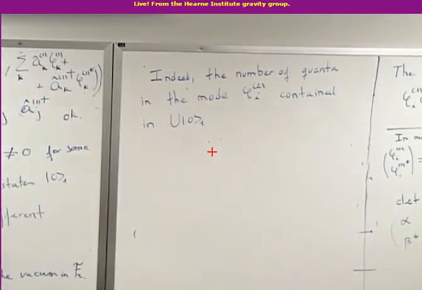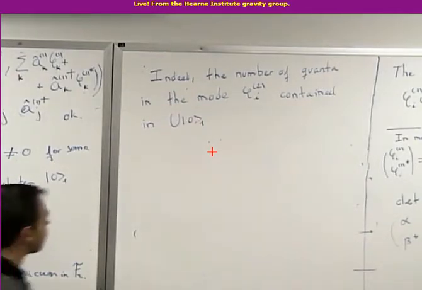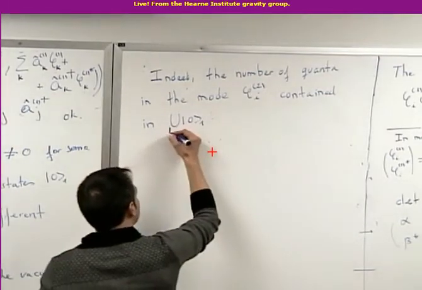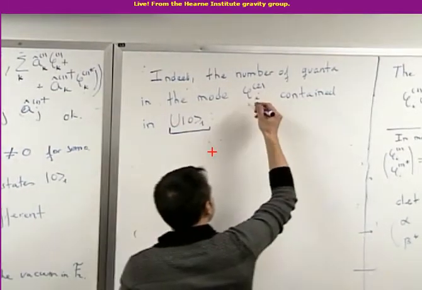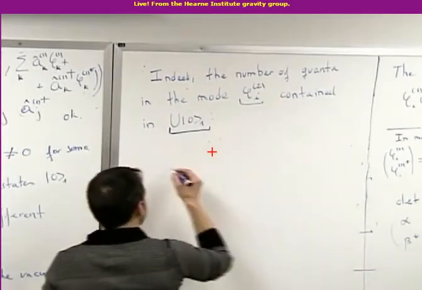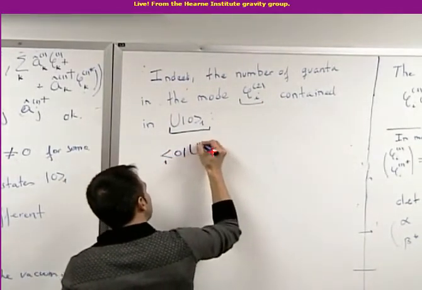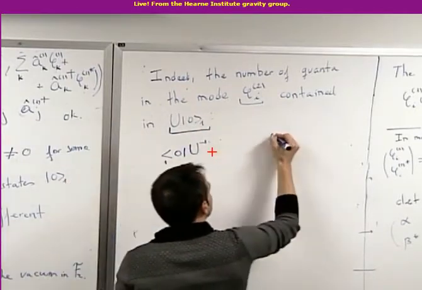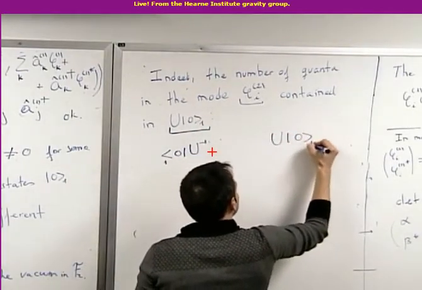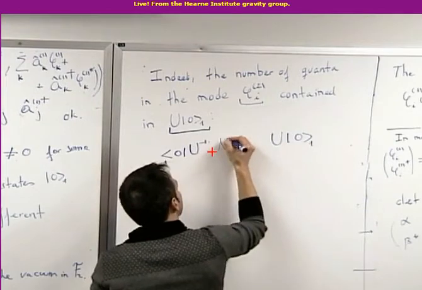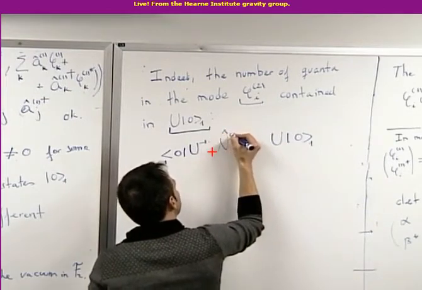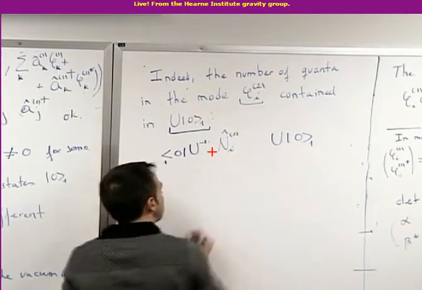In order to show explicitly that vacuum 1 is not the vacuum in the Fock space 2, I can ask how many quanta this state, vacuum 1, has in the mode phi_i2. So I have to take the expectation value in this state of the number operator in the Fock space 2 corresponding to the mode i.